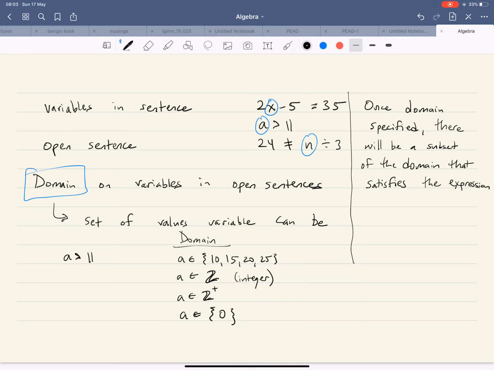And that subset is called the solution set.